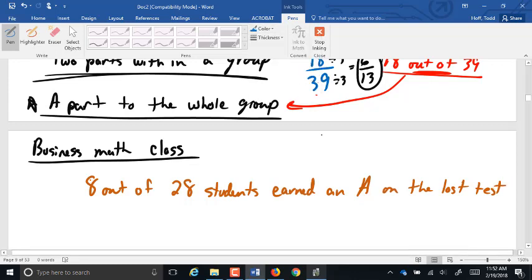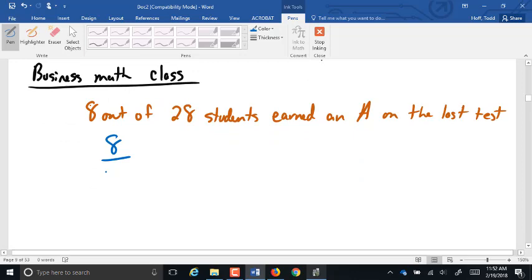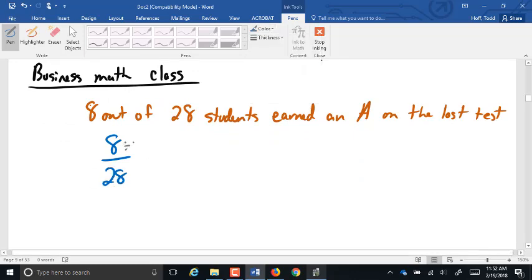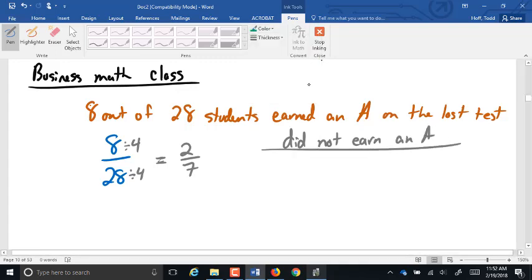Well, 8 out of 28, I can write that as a fraction, a ratio, and I can reduce that. Both of those numbers being divisible by 4 gives me a 2 out of 7 ratio. But I could also then change it. Well, if I wanted to know what ratio, what proportion of the students did not receive an A, or did not earn an A, I can just look at what's left over.